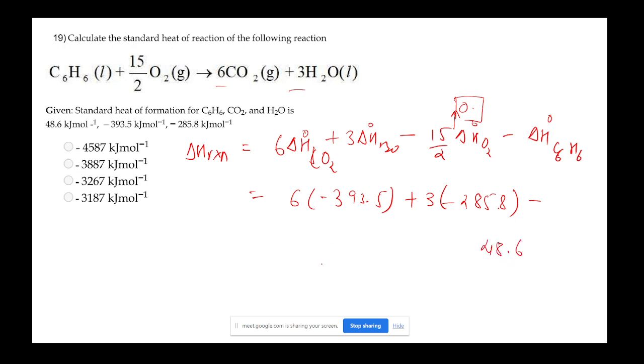Check whether all the units are the same or not. If I solve this, then the answer will come out to be minus 3267 kilojoule per mole.